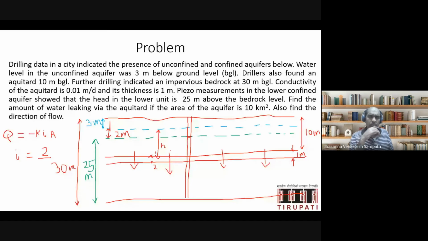Yeah, I think it'll be 20. I'm sorry, it'll be 20. So assuming the top of the bedrock to be the datum, point 1 will be at an elevation of 20 meters above the bedrock. Point 2 will be at an elevation of 19 meters above bedrock. Okay. What is the pressure at point 2?